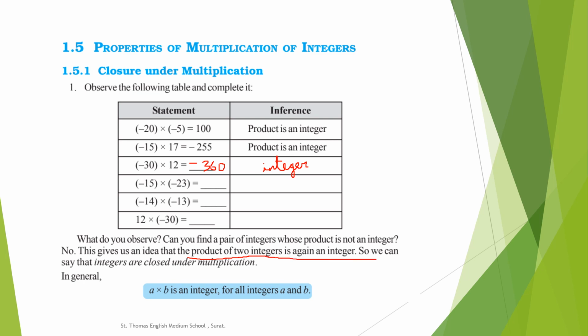So we can say that integers are closed under multiplication. In general, a into b is an integer for all integers a and b. It's clear? So for any two integers a and b, a multiplied by b is always an integer. That property is called the closure property under multiplication.